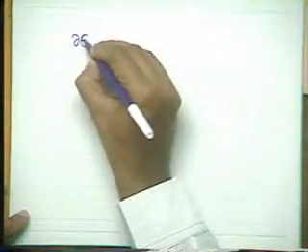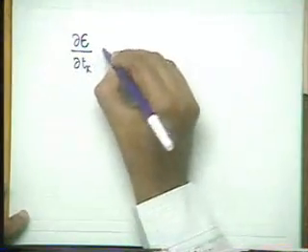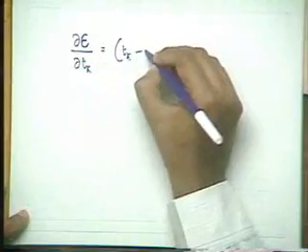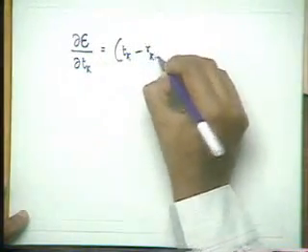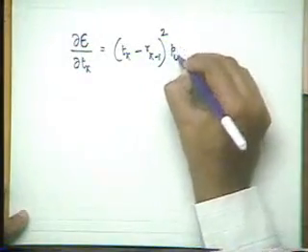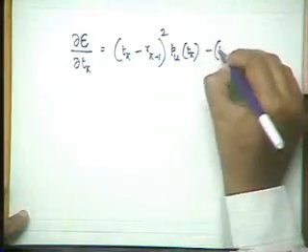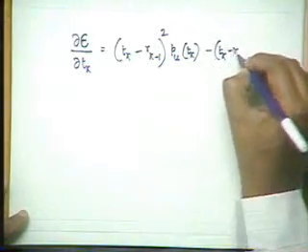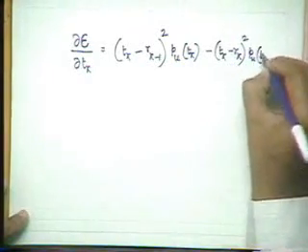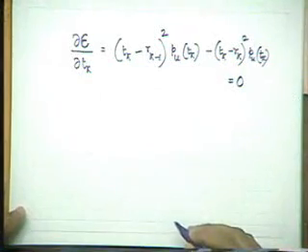If we differentiate with respect to Tk, the expression which we get is like this: (Tk minus Rk minus 1) whole square pu Tk, minus (Tk minus Rk) square pu Tk, and this is going to be equal to 0.